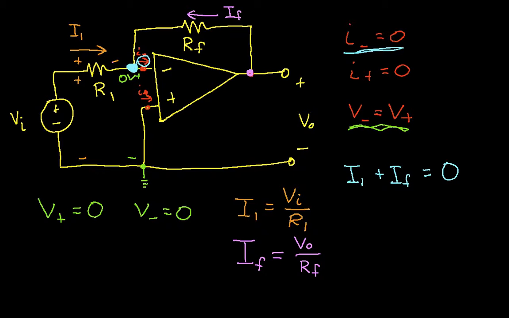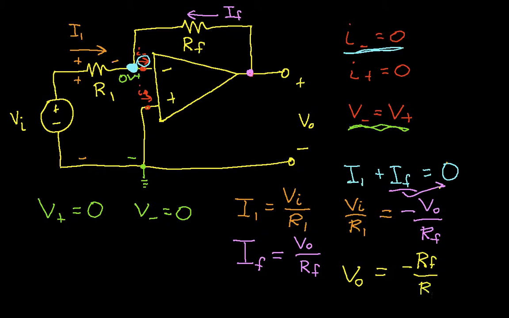We can substitute in for I1, and we have VI over R1 is equal to minus V out over RF. I've just taken this IF and moved it over here and plugged in values. Solving this for V out, we can say that V out is minus RF over R1 times VI.